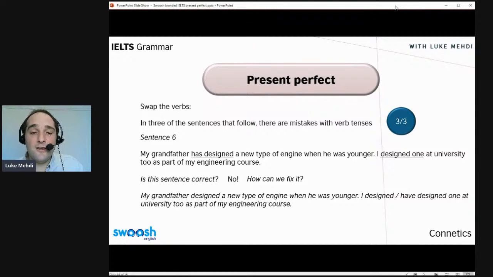Have you finished your course at university? If you have finished it, you would probably use the simple past. If you are still at university and still doing your engineering course, you might use the present perfect. I have designed one at university too as part of my engineering course. My engineering course is continuing today. So that would allow us to use the present perfect here.